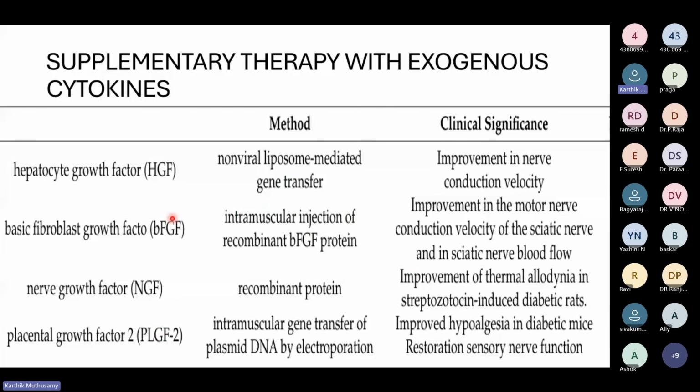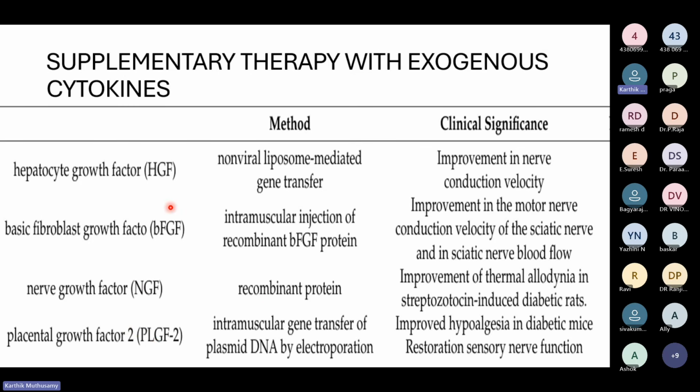The 4 exogenous cytokines currently showing positive benefit are hepatocyte growth factor, HGF, basic fibroblast growth factor, BFGF, nerve growth factor, and placental growth factor 2.